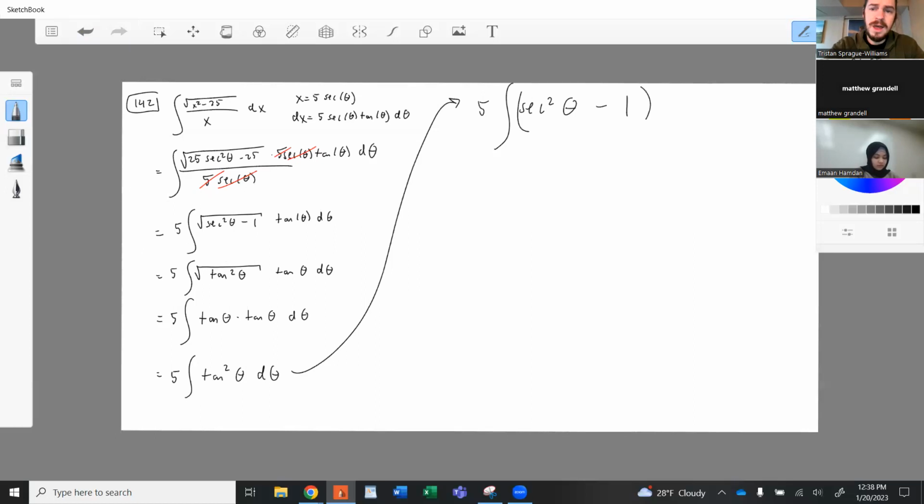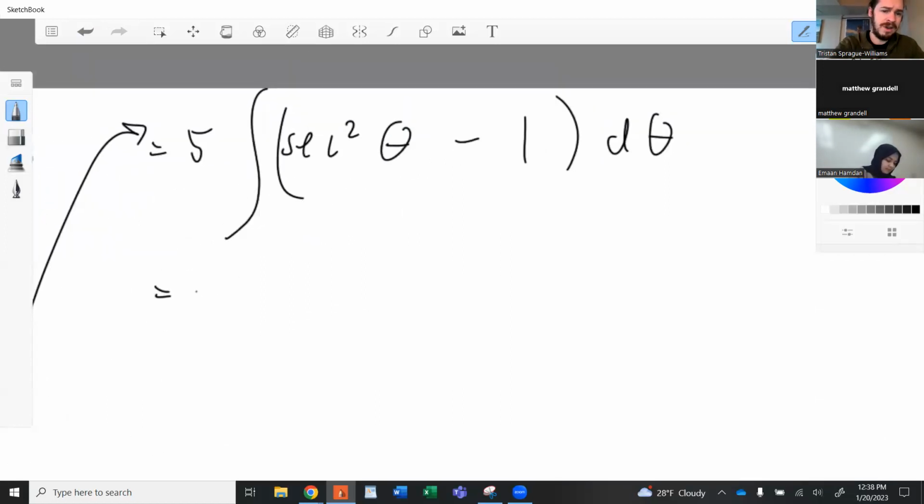Secant squared minus 1, I'd much rather integrate that than tangent squared because secant squared, remember from calc 1, is the derivative of tangent. And that's on your reference sheet that you're allowed to use during quizzes. So if I just make that substitution with that identity, then now I can integrate this fairly easily.